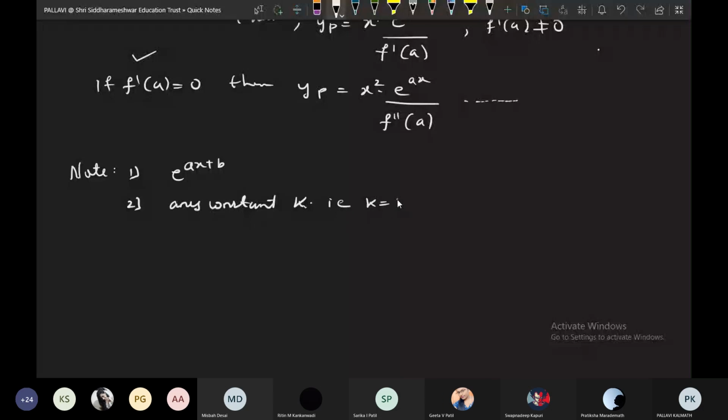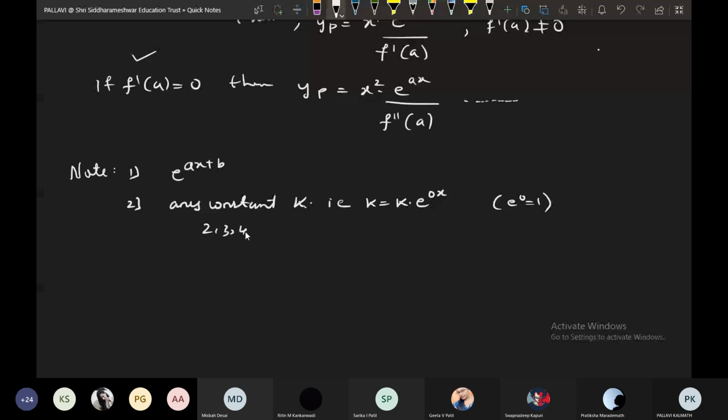You can write k as k into e raised to 0x. What is e raised to 0? 1, ma'am. 0 into x is 0. e raised to 0 is 1, so you will remain with k only. So k is any real constant, which means it can be 2, 3, 4, whatever.